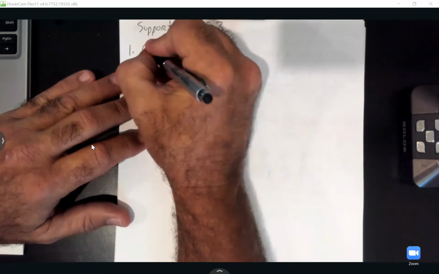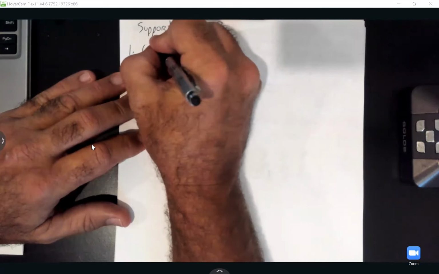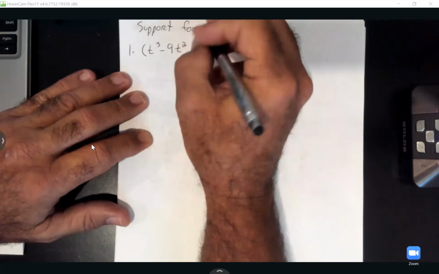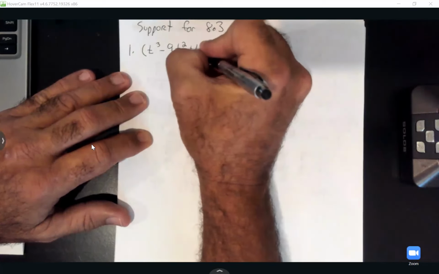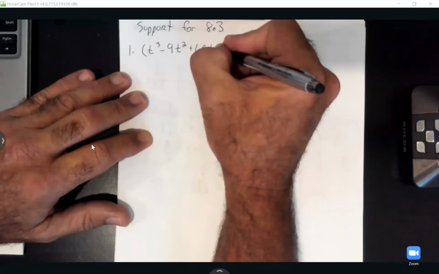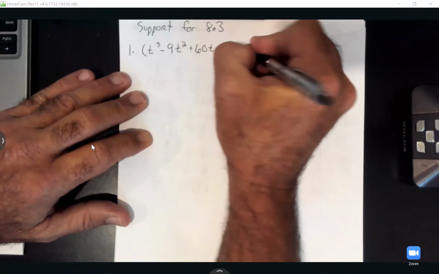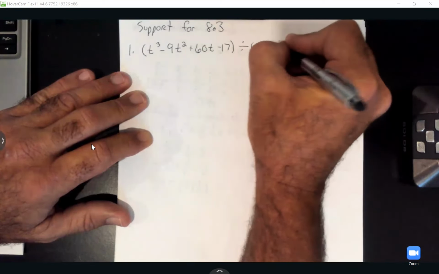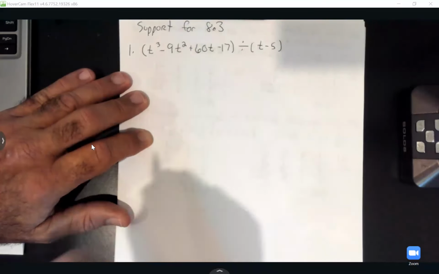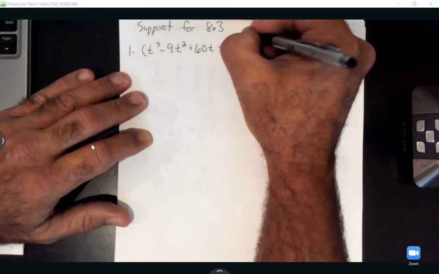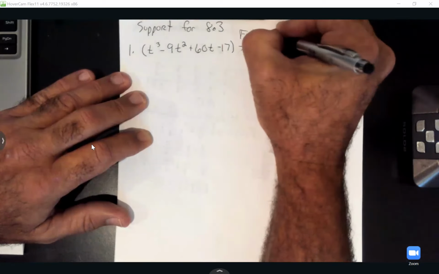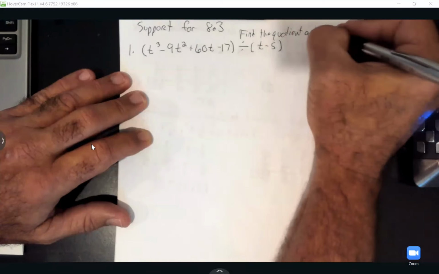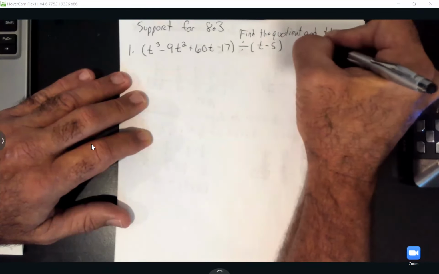So I'm going to start out with t to the third minus 9t squared plus 60t minus 17. We're going to divide that by t minus 5. Now, these problems will say find the quotient and remainder. So I'm going to find the quotient and the remainder.